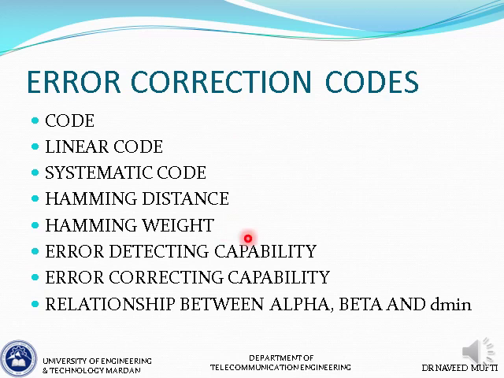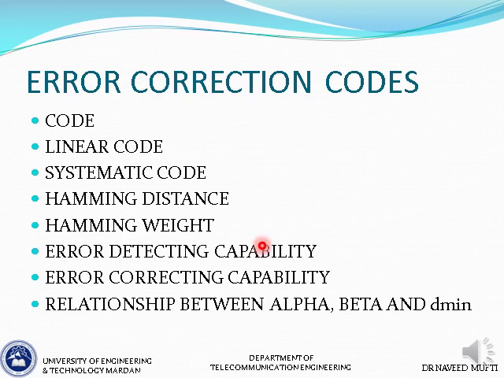Okay, I'll move on to the next thing, which is the error detecting capability. So if there are many code words within a code, there are a set of different distances between all pairs of code words. So you can have many different Hamming distances between the code words of a single code. Now once you have all those distances between all the different code words, there will be a minimum value.